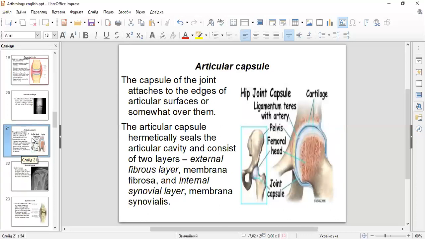The capsule of the joint is attached to the edges of articular surface or somewhat over them. The articular capsule hermetically seals the articular cavity and consists of two layers: external fibrous layer, membrana fibrosa, and internal synovial layer, membrana synovialis.